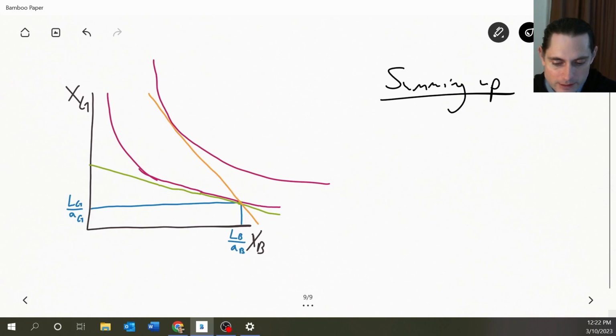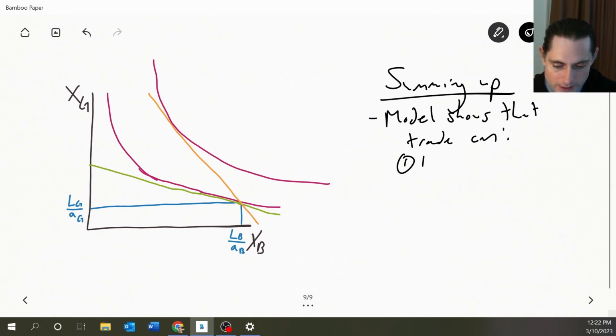the model shows that trade can, 1, increase inequality, and 2, hurt some people.